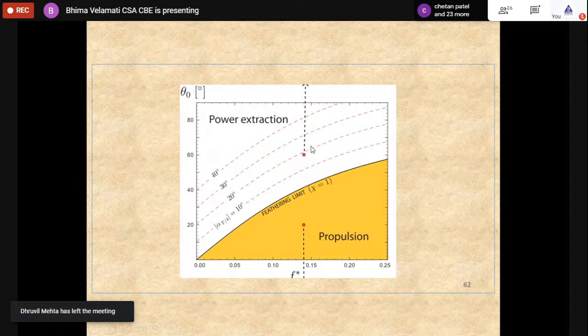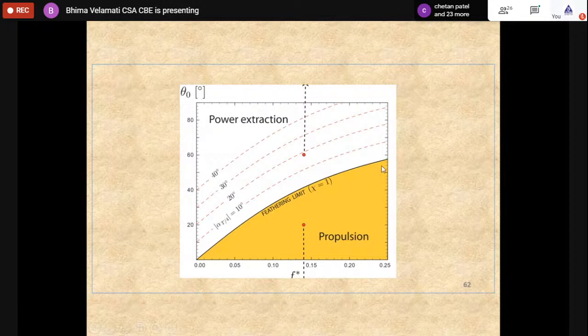If psi is greater than 1, you have power extraction. If psi is less than 1, you have propulsion. So oscillating rotating aerofoils can be used for propulsion or for power extraction depending on which regime you fall in. That is the feathering criterion that we have.